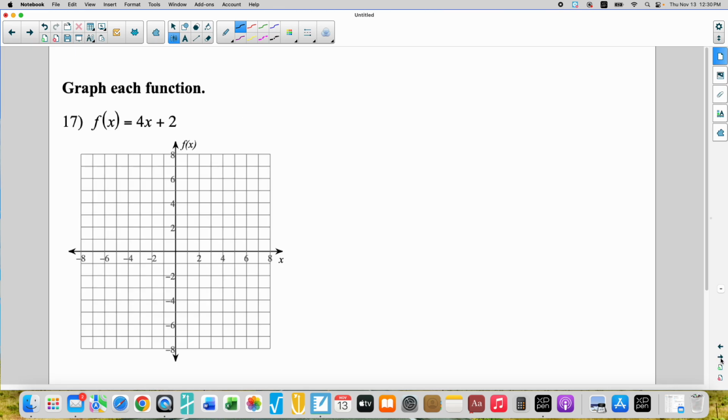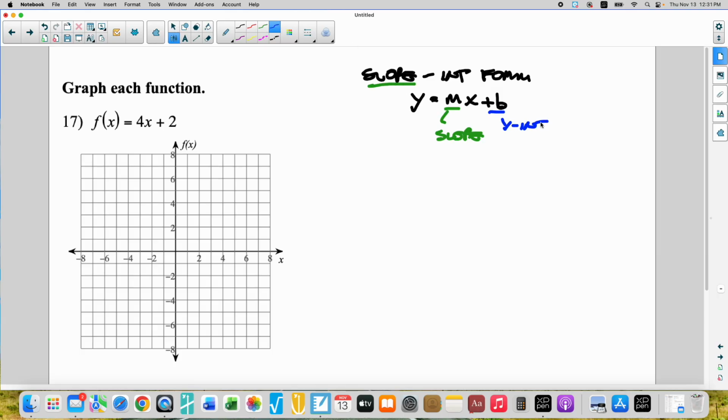Graph each function. We see that this is function notation, but it's in slope-intercept form. Slope-intercept form looks like y equals mx plus b, where m is the slope and b is the y-intercept.